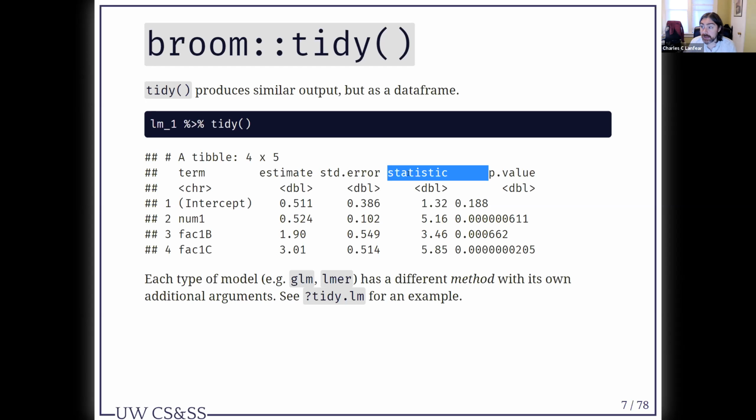The idea here is that whether it's a t-value or a z-value, it doesn't matter. We don't care which statistic it is. We just care that it is a test statistic. So you could compare a glm and an lm model across similar statistics. It'd be fine. And then it puts out a p-value column. You can also tell it to omit some of these columns or add other ones. There's other stuff you can make it produce, okay?